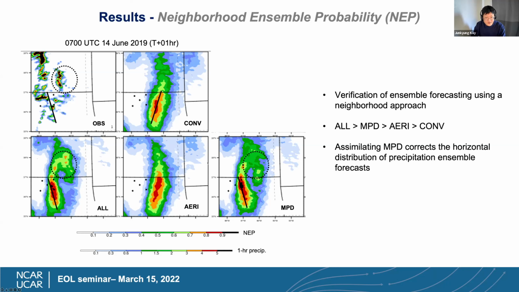Assimilating the MPD corrects this horizontal distribution error and also improves the forecast in the northern part of the system. But assimilating the ARI shows very little impact on this ensemble probability forecast.